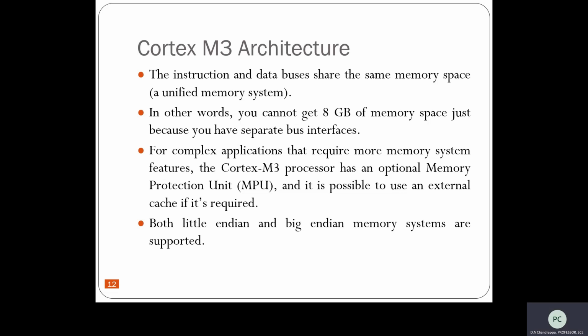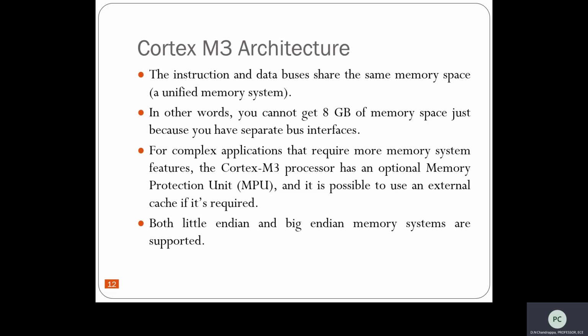For example, for applications that require more memory system features, the Cortex M3 processor has an optional memory protection unit. Of course there is inbuilt memory, but it is also called an optional memory unit.